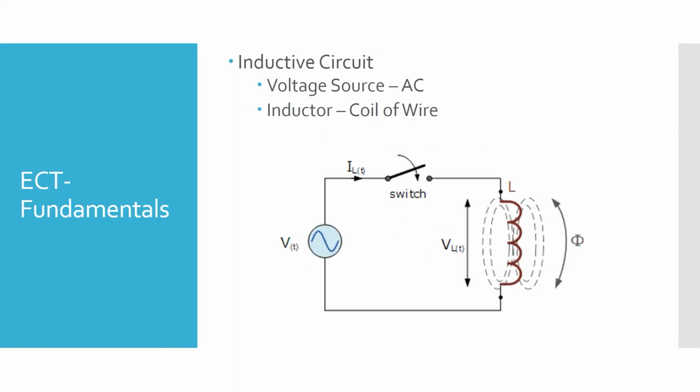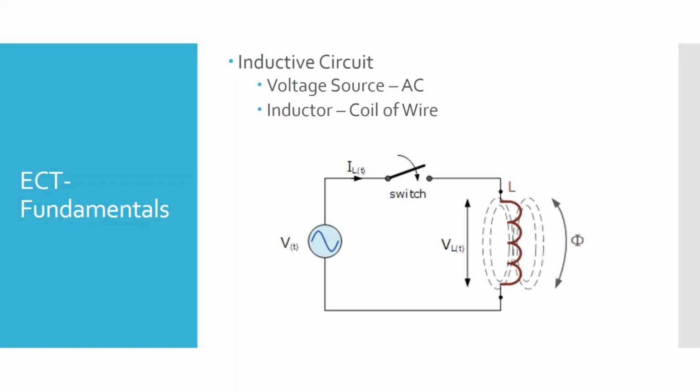Either you're moving a permanent magnet, like a bar magnet, through a coil, or you're running an alternating current through the coil. So an AC voltage source is run through an inductor, which is essentially a coil of wire shown on the right here, and that is going to put out a magnetic field or a magnetic flux.